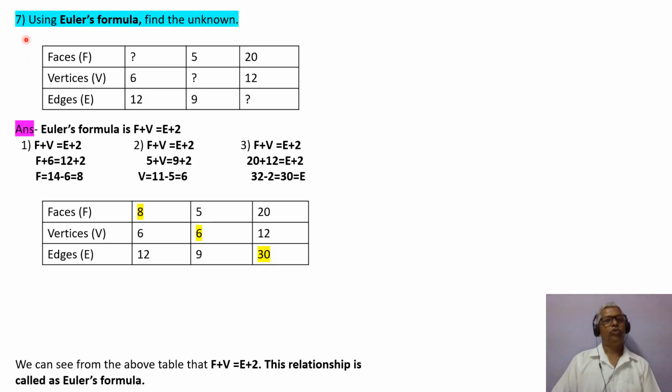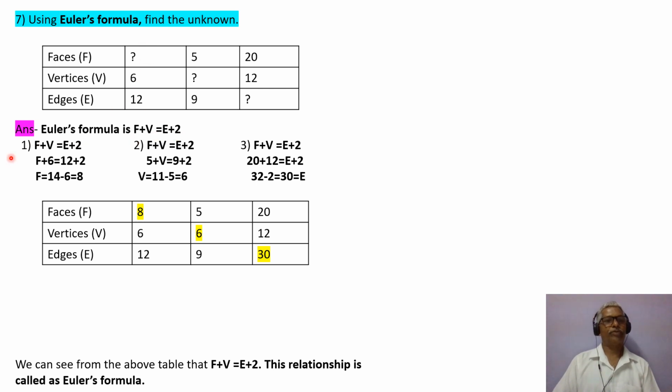Seventh one, using Euler's formula, find the unknown. This is very simple. Actually, faces, vertices, edges, FVE. So this is unknown. This is given. This is given. You can check this table. Okay. We will directly go for the answer. Euler's formula is F plus V equal to E plus 2.